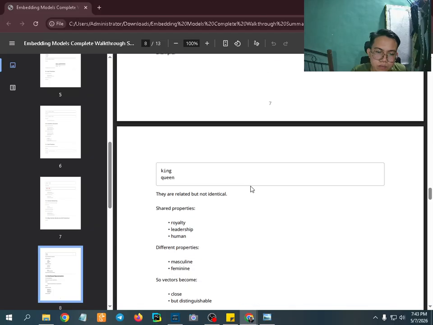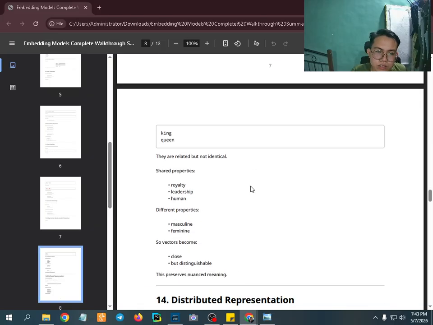And during the training, their vector values would stop changing if the model predicts the correct one.